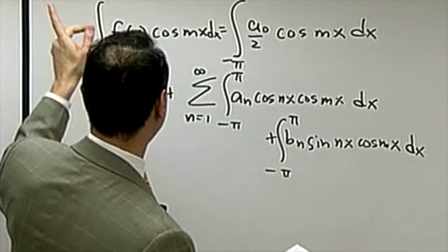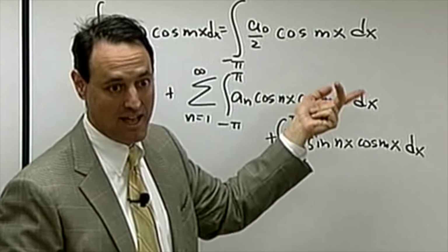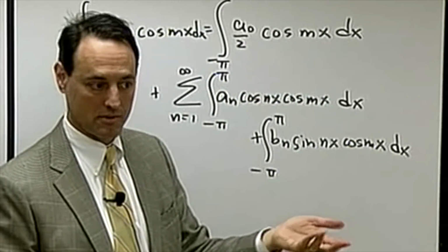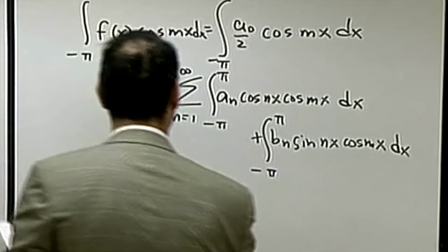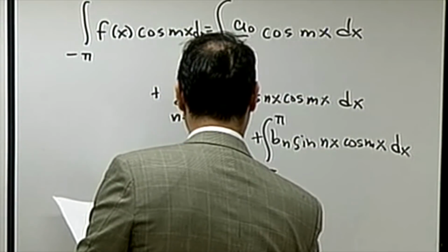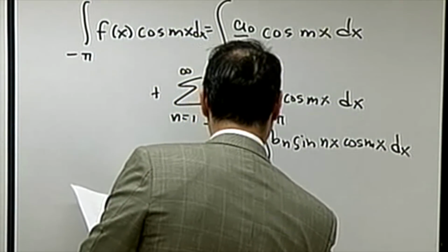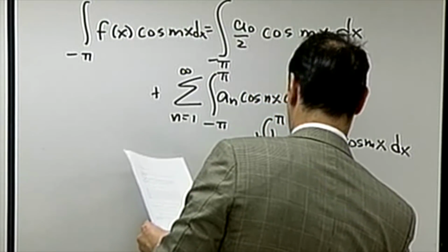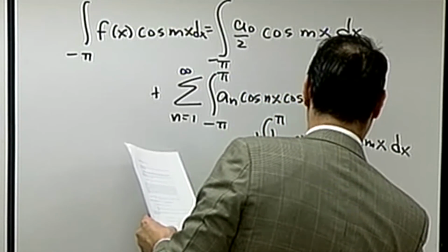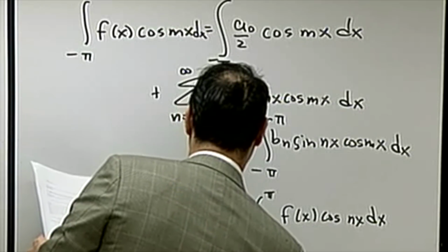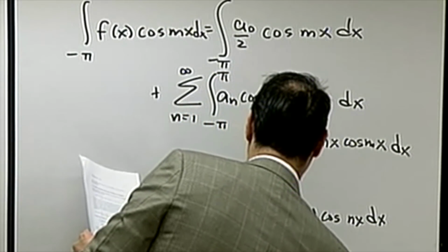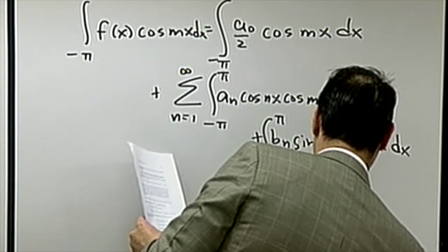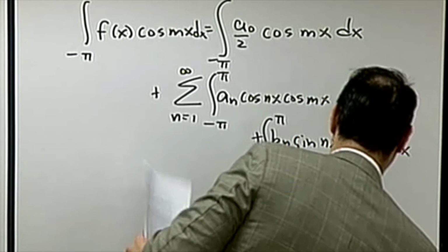If I were to have instead multiplied by sine mx and done the same thing, I would get the b_n coefficients. At the end of the day, here's what you would get. a of n is equal to 1 over pi, integral from negative pi to pi, f of x cosine nx dx, and b of n is equal to 1 over pi, integral from negative pi to pi, f of x sine nx dx.